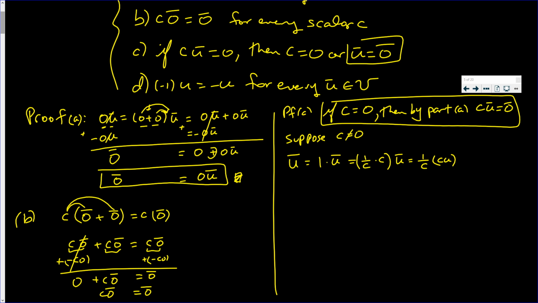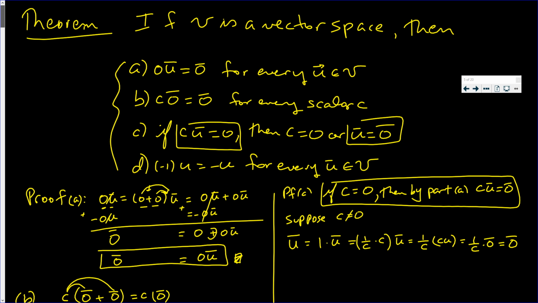And we are assuming that cu equals 0. So this is a non-zero number times the 0 vector, which equals the 0 vector. And this is by part B.